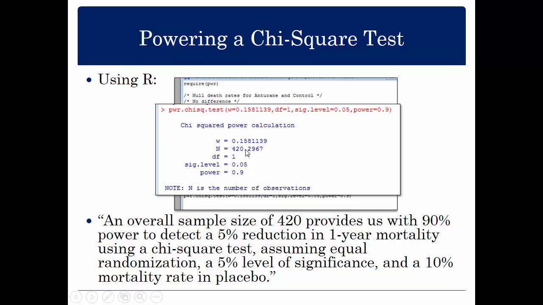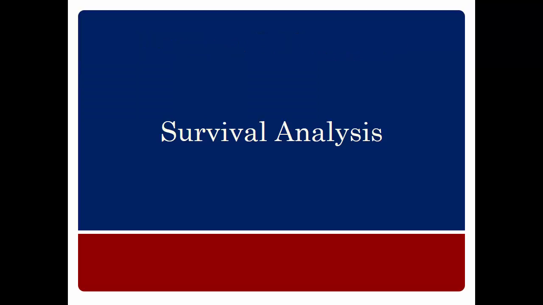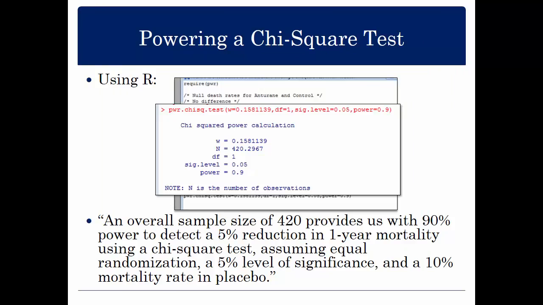That's why it's important to have some degree of flexibility in your design where you may have to reassess your sample size calculation at some point, but you would pre-plan for that. There was one other thing I was going to say. I don't remember what it is now, but that's how you would power a simple chi-square test.